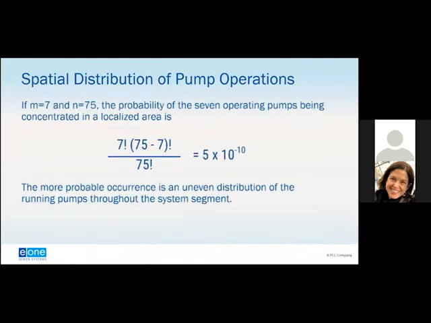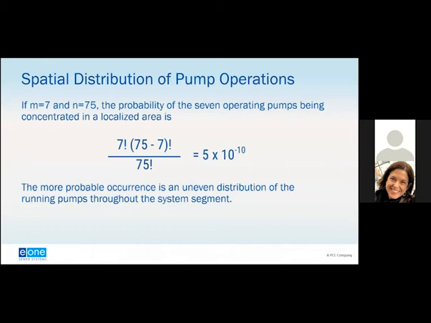So for example, say we have a sub-basin of 75 pumps. Based on our probability analysis, we know that of those 75 pumps, no more than 7 would be expected to be operating simultaneously. So if you take that 75 as N and that 7 as M, and plug it into the probability equation, you can see that the probability of these 7 pumps being concentrated in one localized area is very, very, very small. The more probable occurrence is an even distribution of the running pumps throughout the system.